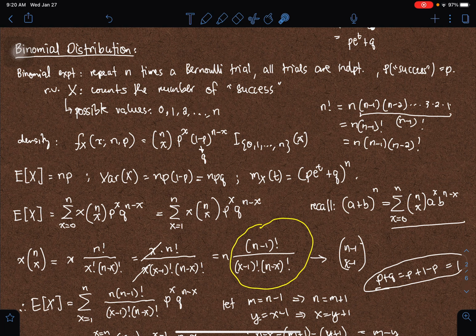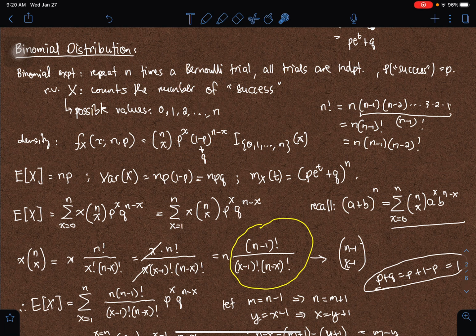Just like before, we will denote by small p the probability that we observe a successful outcome. Now the random variable that follows the binomial distribution, which we denote by x, is defined to be the random variable that counts the number of successes out of the n repetitions of the Bernoulli trial.